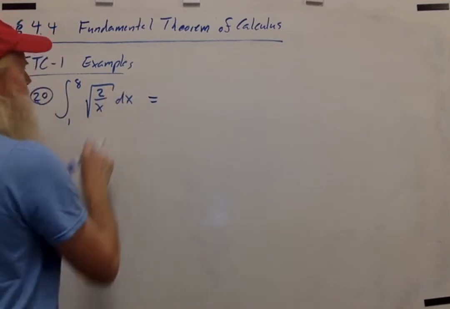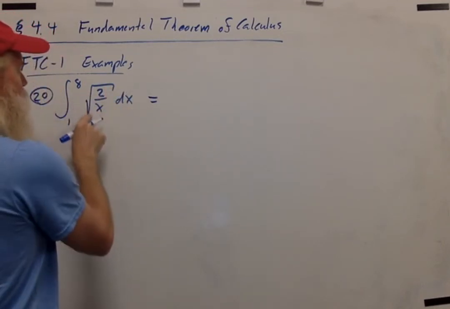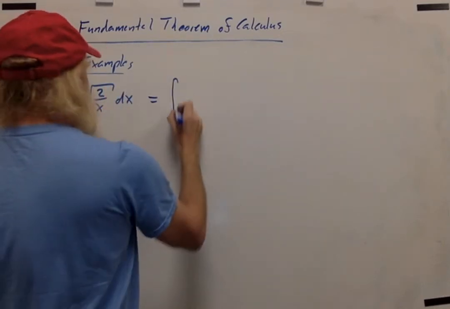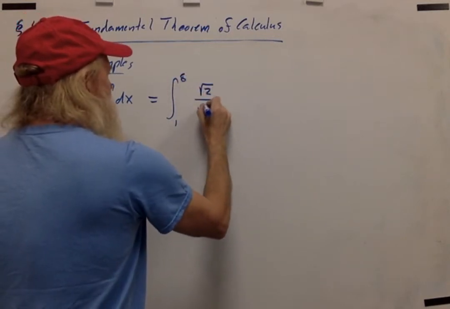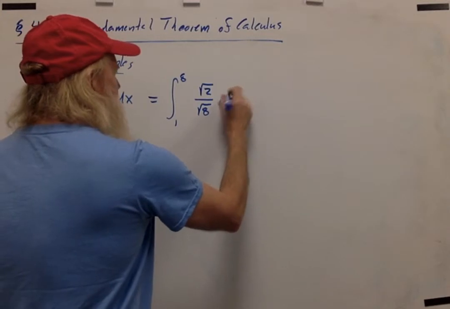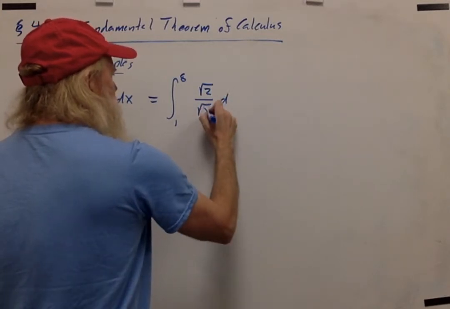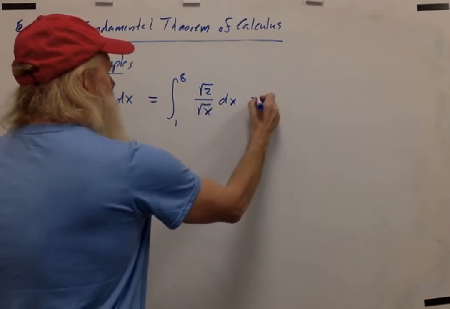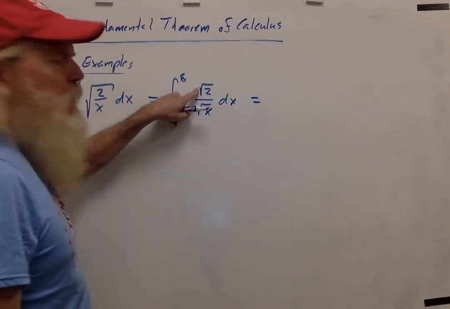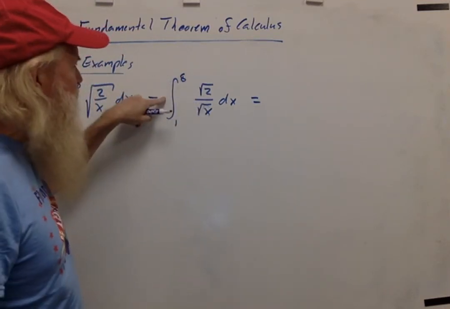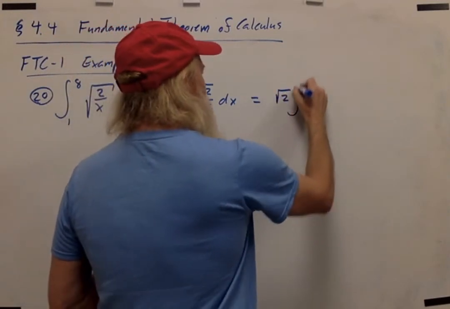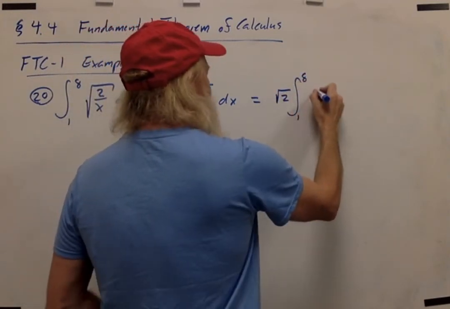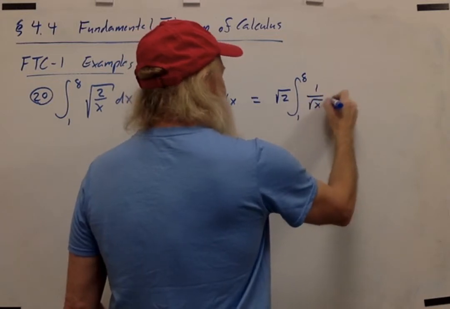First of all, I'm going to split the square root up as the square root of the numerator over the square root of the denominator. Since that square root of 2 is a constant, I can factor it in front of the integral. So I have the square root of 2 times the integral from 1 to 8 of 1 over the square root of x.